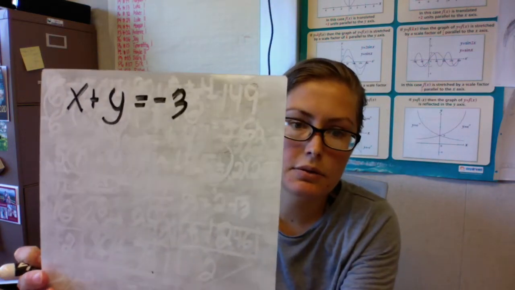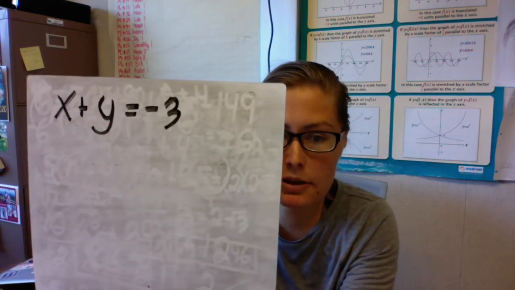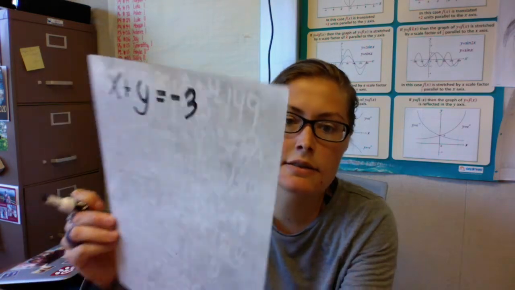Okay, next one, graph x plus y is equal to negative 3. We have to put it into y equals mx plus b form, so we're going to subtract x from both sides. So we get y is equal to negative x minus 3.